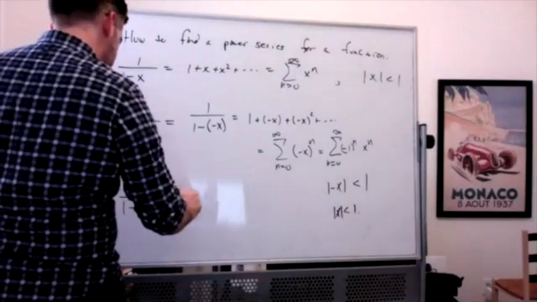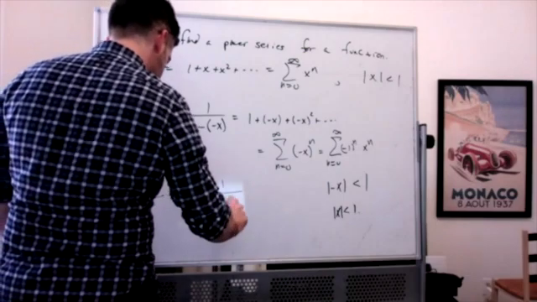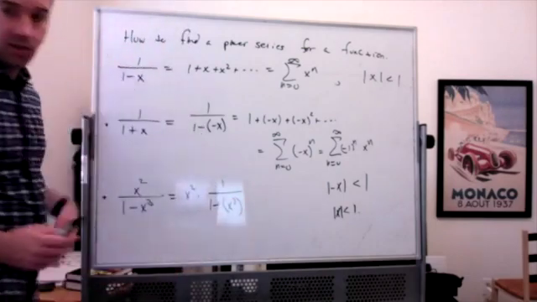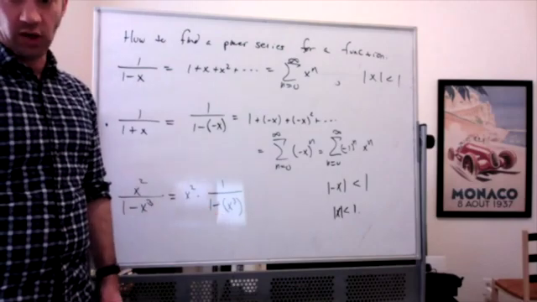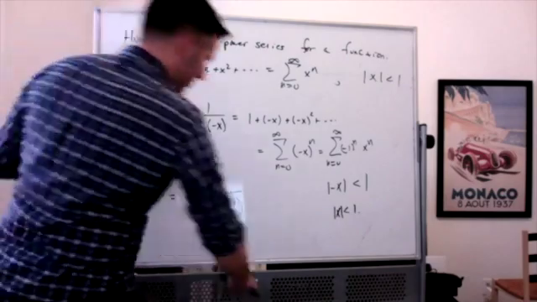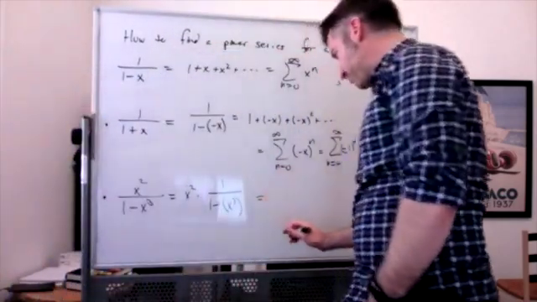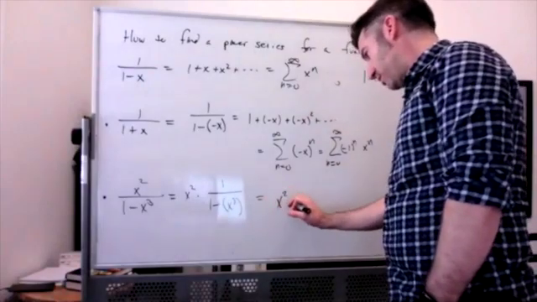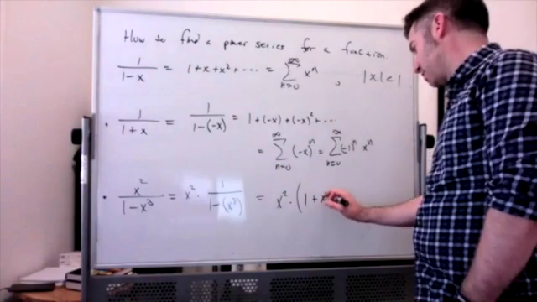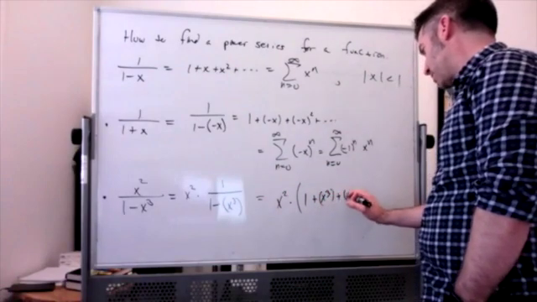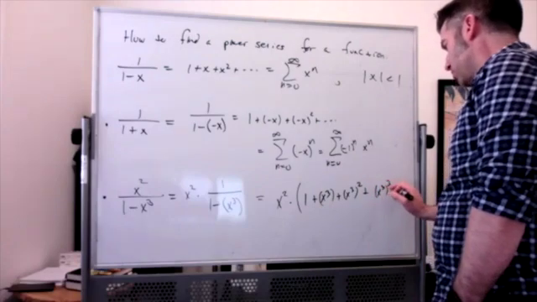I'm going to write this as x squared times 1 over 1 minus x cubed. So here in this one, x cubed is playing the role of the ratio. So this is equal to x squared times 1 plus x cubed plus x cubed squared plus x cubed cubed.